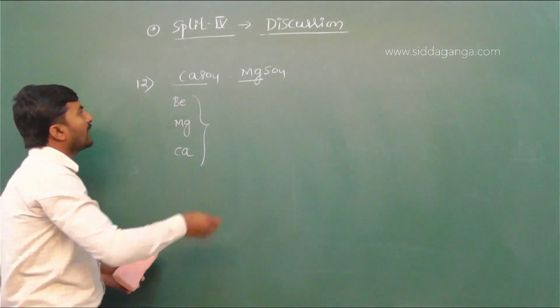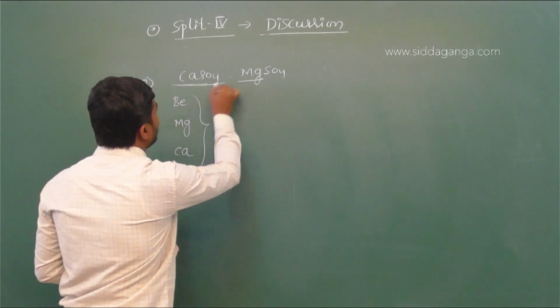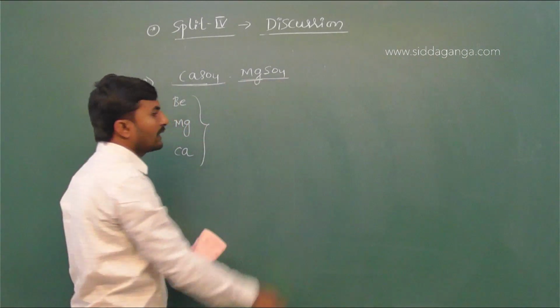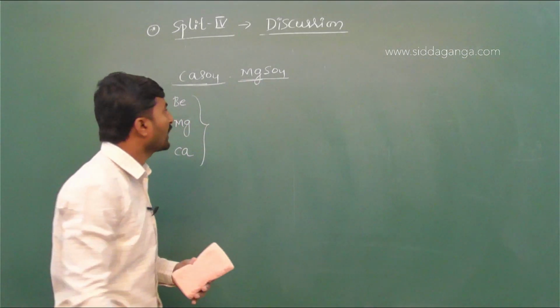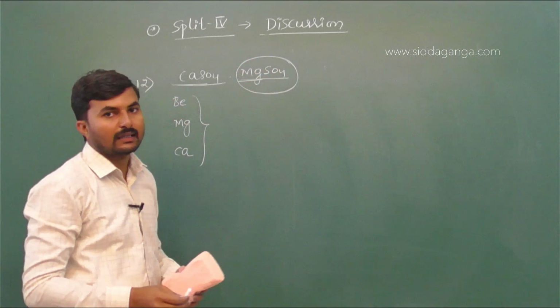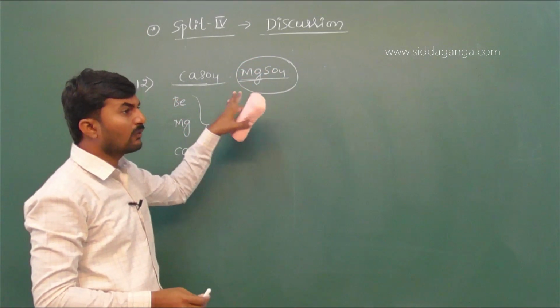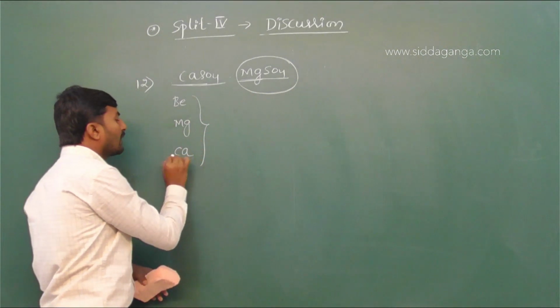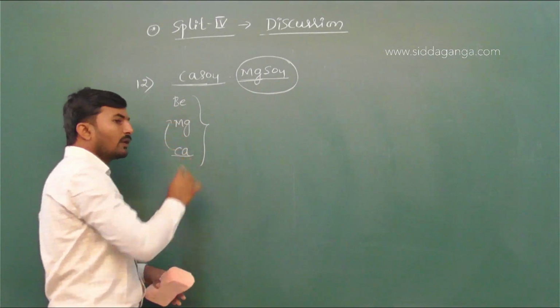When we compare the solubilities of calcium sulfate and magnesium sulfate, in a previous question we discussed that magnesium sulfate dissociates in water because it is a salt. One more reason is that magnesium comes above calcium in the periodic table.